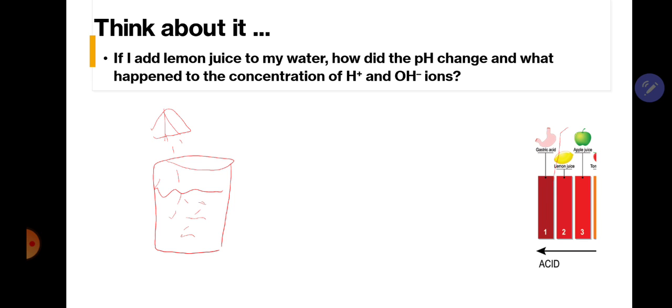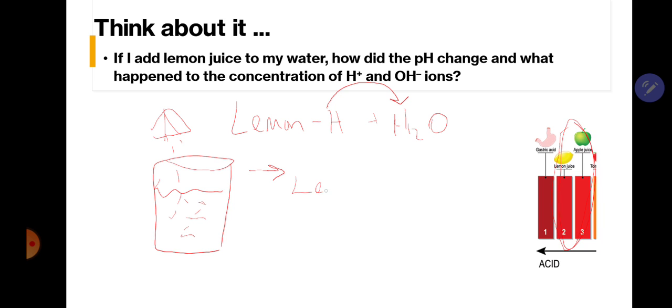Lemon juice is acidic, so that means that my lemon has a hydrogen. I'm not going to give you the actual chemical formula of the citric acid; we'll just say it has a hydrogen on it for simplicity. And we mix it with some water. Acids want to donate their hydrogen, so this hydrogen is going to want to hang out with the water.